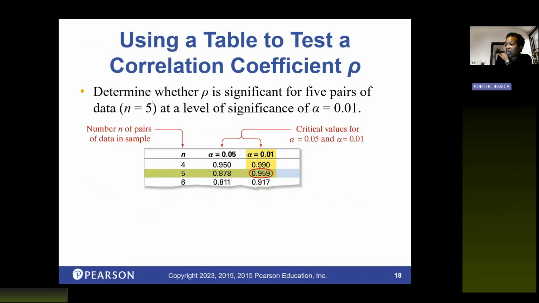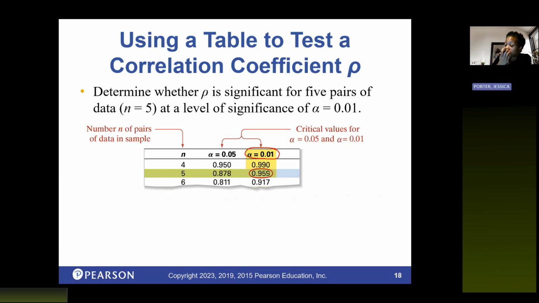So we want to determine whether rho is significant for 5 pairs of data, n equals 5, at a level of significance of alpha equals 0.01. Well, this is table 11. This is alpha equals 0.01, so I'm looking in the second column. My n, 5 pairs of data, is 5, and so I'm looking at this 0.959.